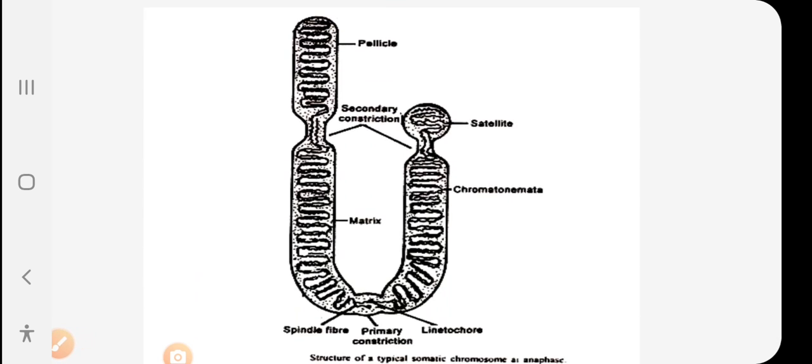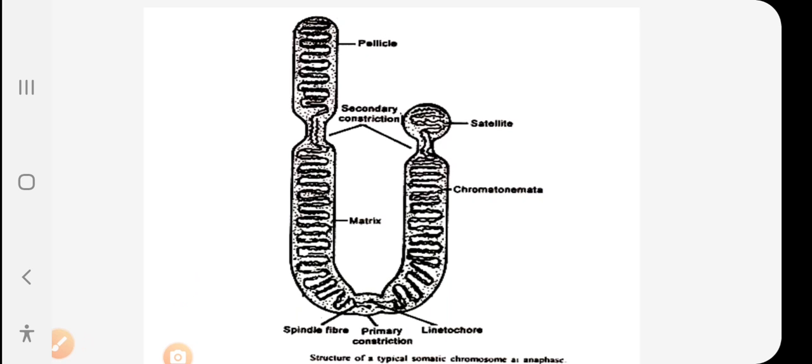This is also one of the structures: pellicle, matrix, secondary constriction, satellite, chromonemata, and a kinetochore.